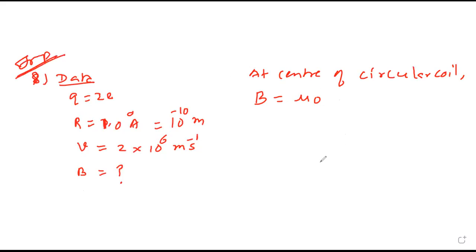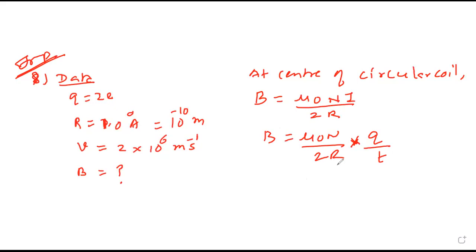What is formula for B at center of circular coil? Mu naught Ni upon 2R. Correct. I means what? What is I? Rate of flow of charge. So can I say current is Q upon time?